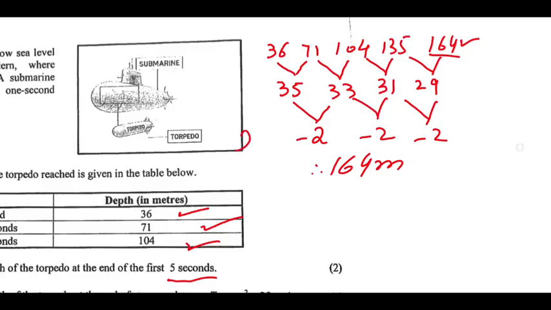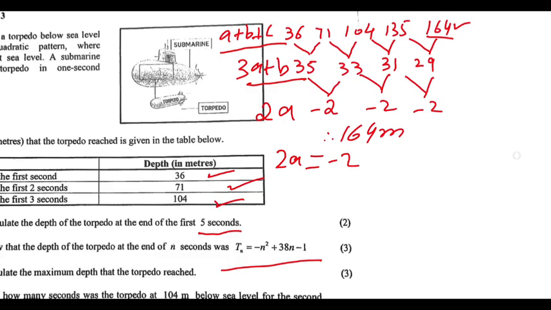This is 2a, and this is 3a plus b, and this is a plus b plus c, must remember. Now, we need to solve this one. So 2a is equal to negative 2, so a is going to be negative 1.